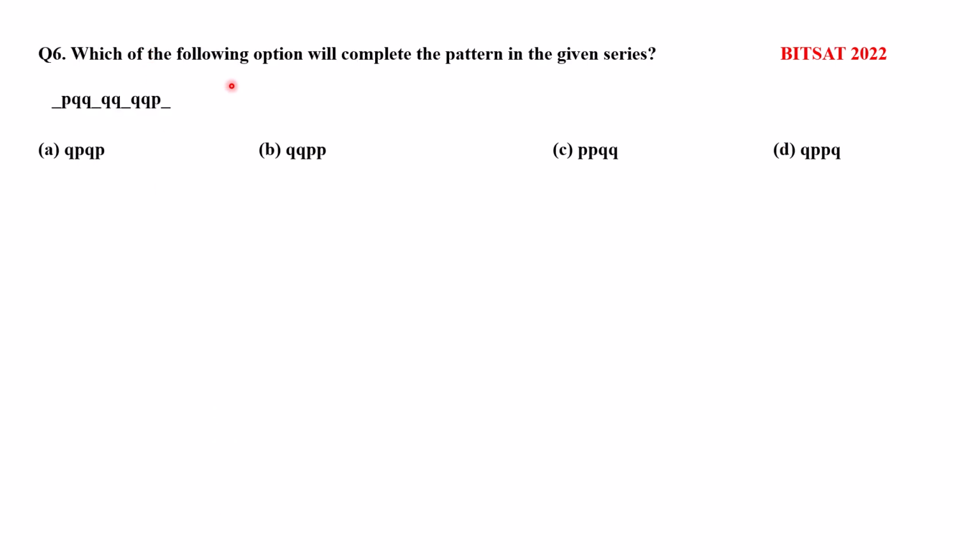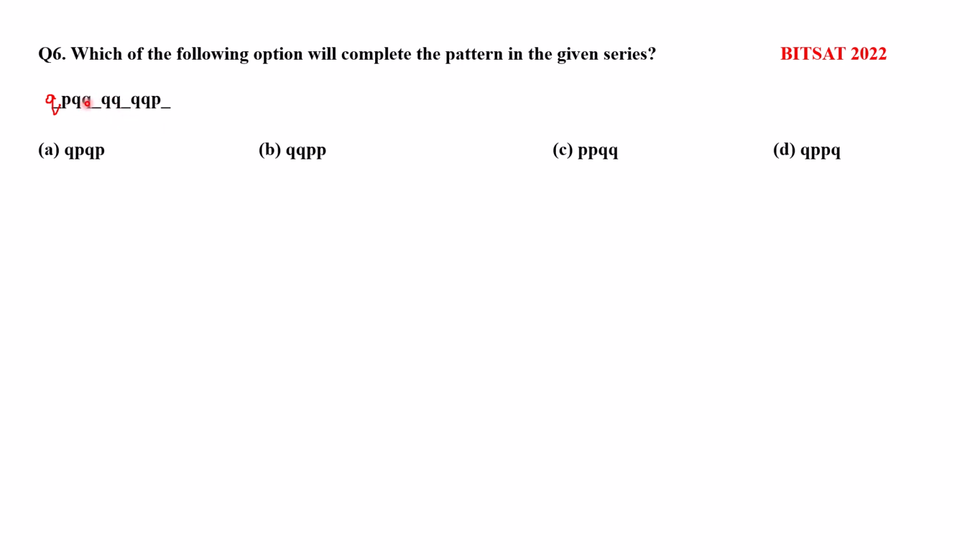Now question 6. Which of the following options will complete the pattern in the given series? Now in this type of question, if you see here, before P something is missing. So you see in the series, where is P? So here is P and before P what is there? Q. So it means here you have to write Q. Okay, so like that you have to see the pattern. Now next you have to see here, before 2Q, is there any series given?